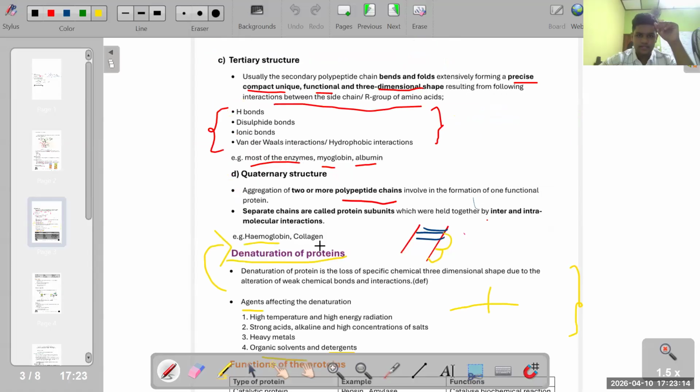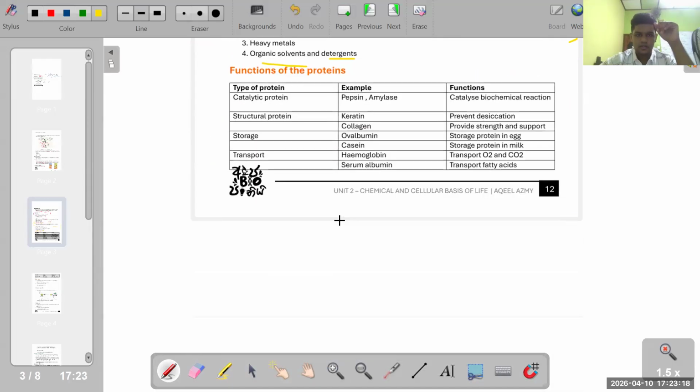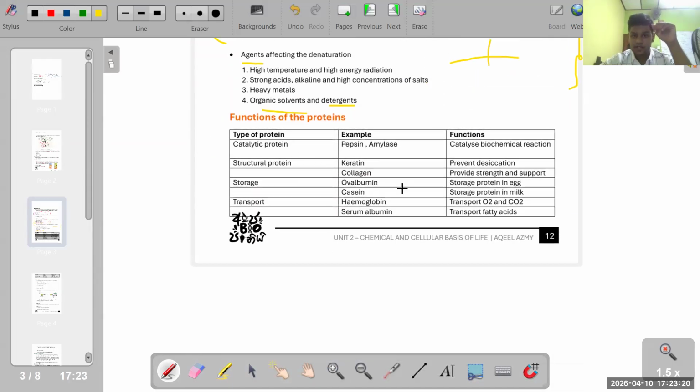Here's a quaternary structure example, collagen. So collagen belongs to quaternary structure. So this is how they can ask: they can give some protein and ask what is its structure, what is its function, what is its type of protein. So collagen, what is its function? It provides strength and support.